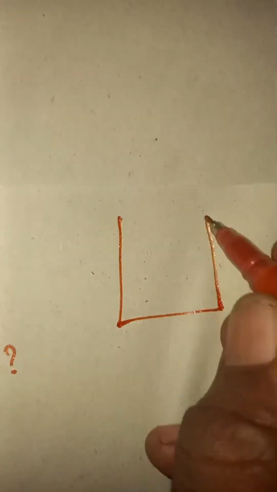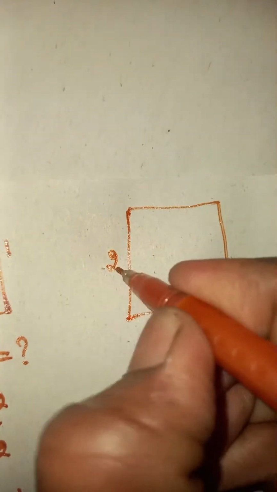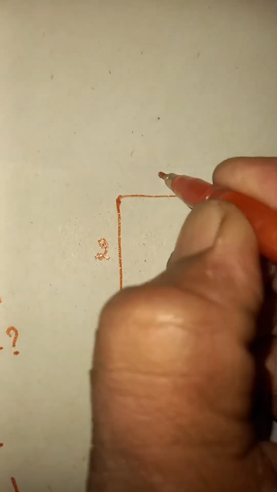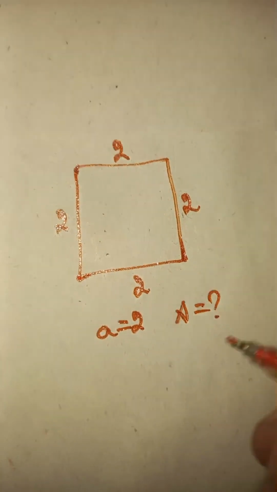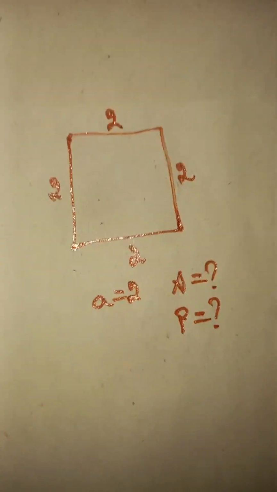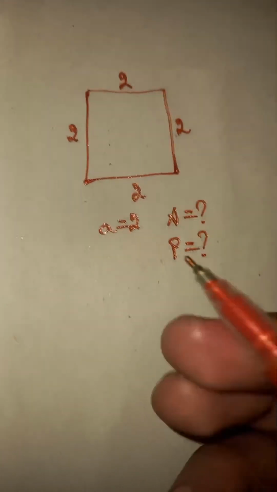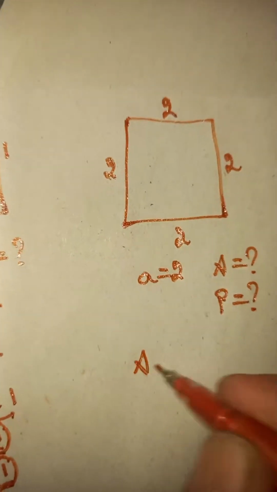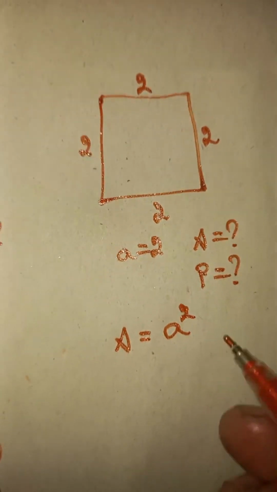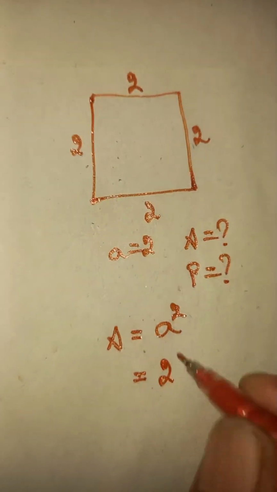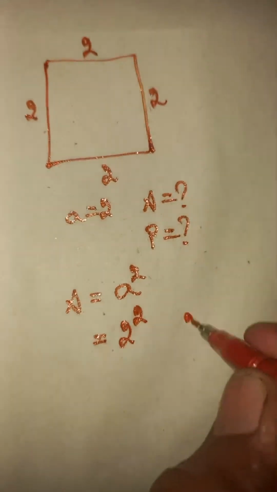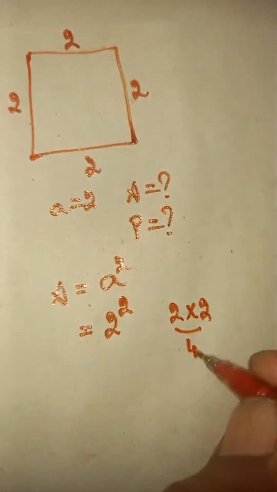Let's take one more square. In this square, all the side lengths are 2 units. Here also, you need to find the area and the perimeter of the square. You can do the same way. Area of the square is a squared, so the side length is 2 units, so it becomes 2 squared. 2 squared means 2 times 2, which is 4.